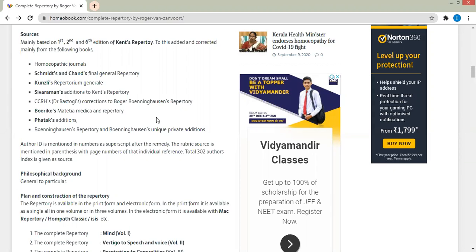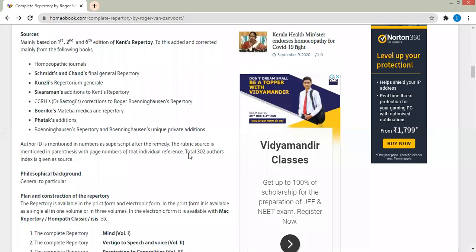Some sources are given here in this slide: homeopathic journals, Smith's and Chan's Final General Remedy, Hinsley's Repertorium Generale, Seuermann's additions to Kent's repertory, Rastogi's additions to Boger Boenninghausen's repertory, then Phatak's additions, Boericke's Materia Medica and repertory, and Boenninghausen's repertory and Boenninghausen's unique private additions.